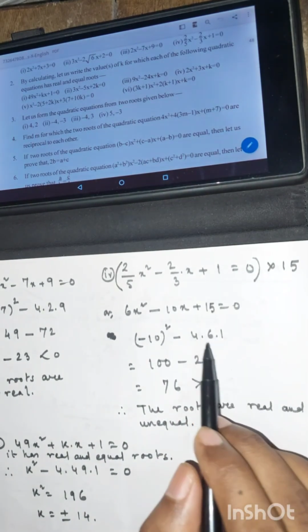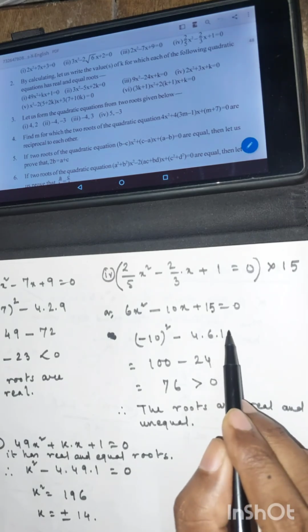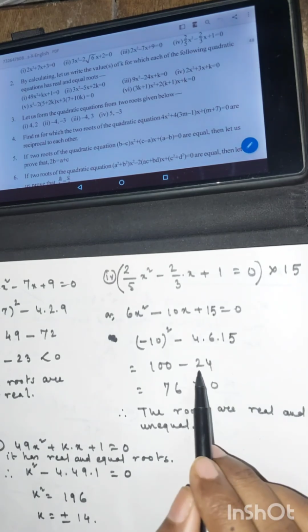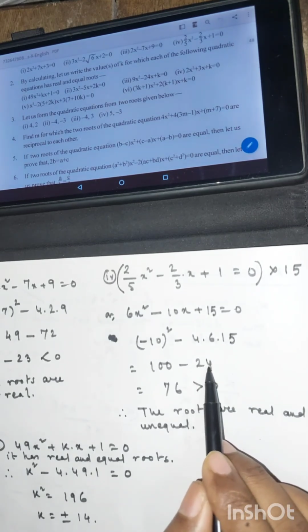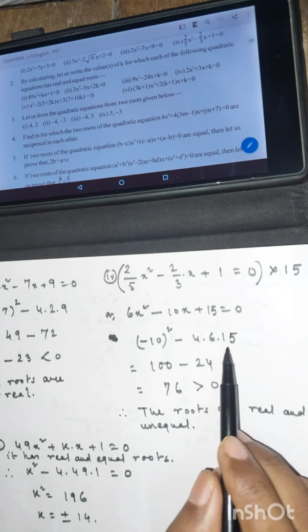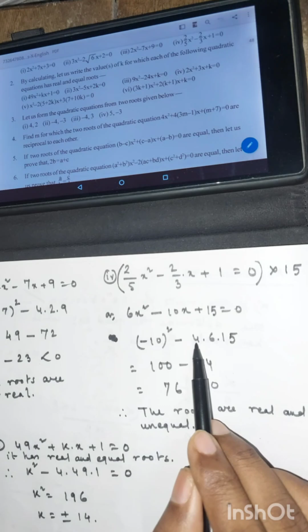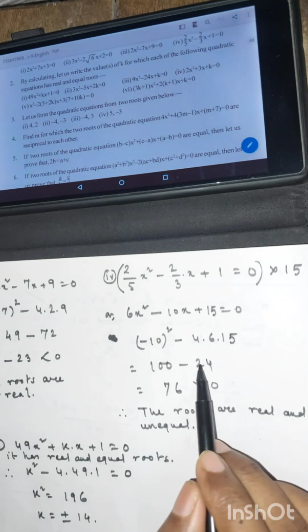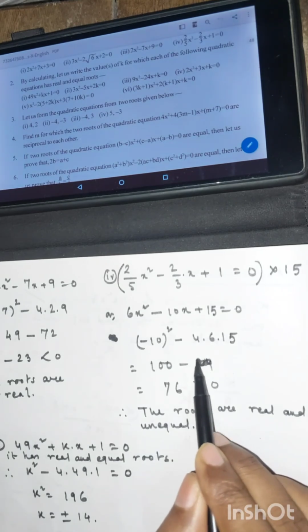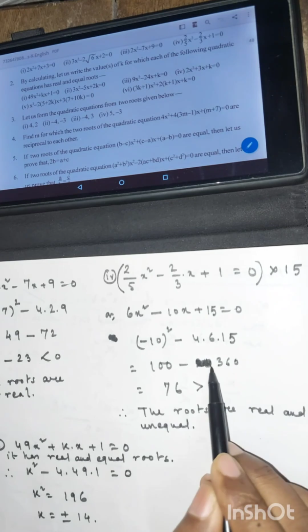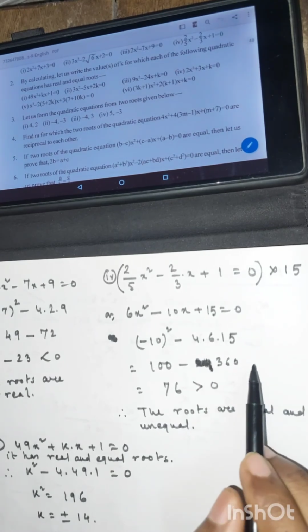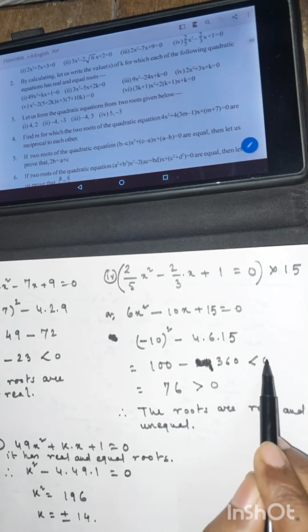So 4ac, this is 15. So this number is not 24. So 15 into 4, which is 60. 60 into 6, 360. So this number is less than 0.